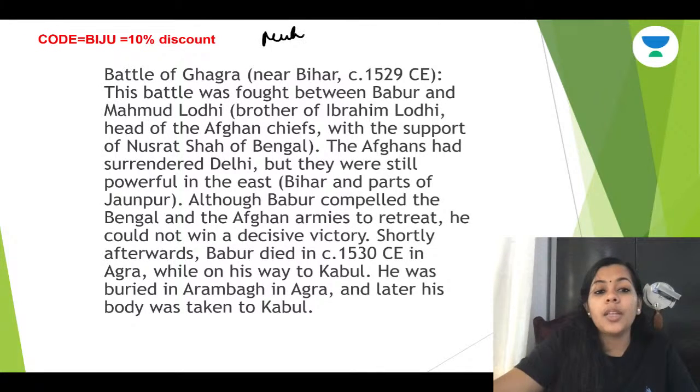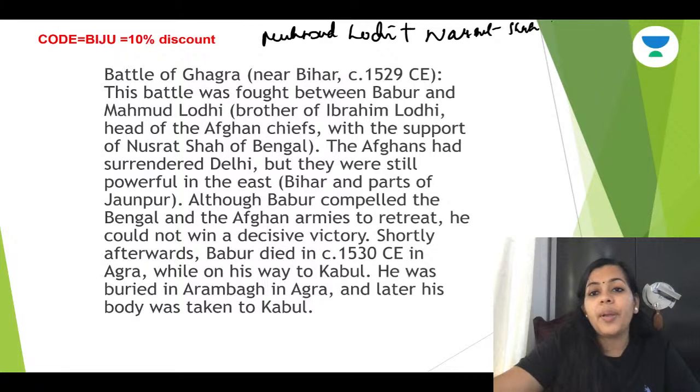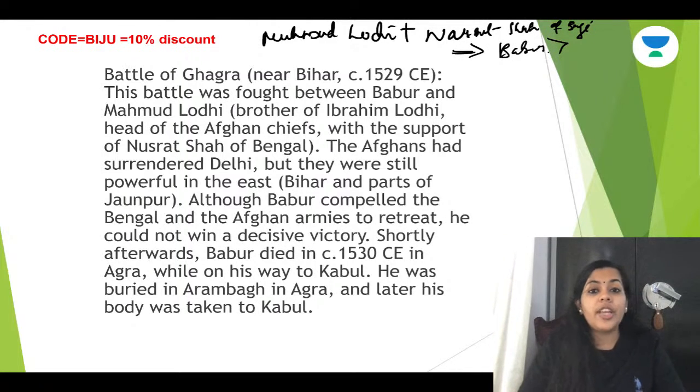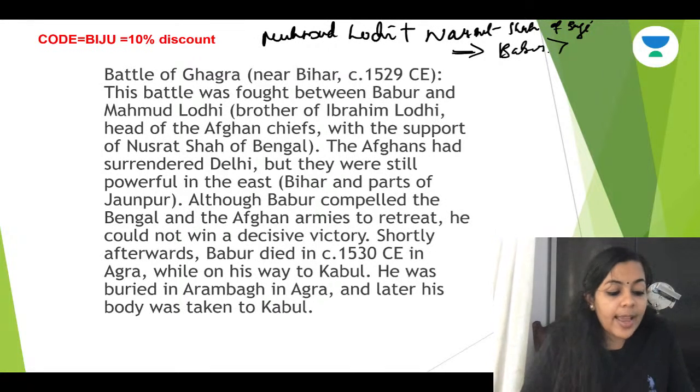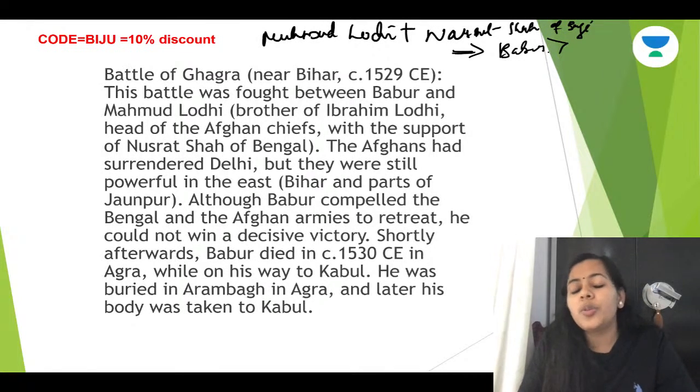Muhammad Lodi plus Nusrat Shah of Bengal fought against Babur in the Battle of Gagra in the year 1529. Although the Afghans had been defeated, they had not been reconciled to the Mughal rule.